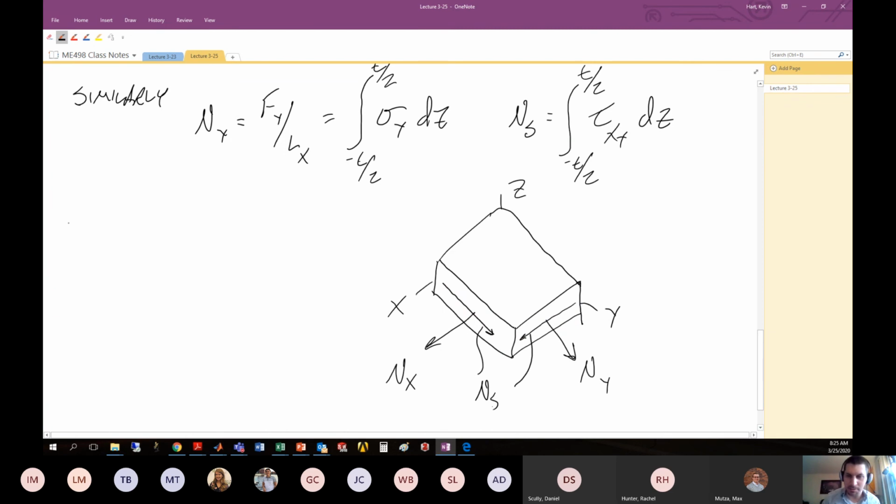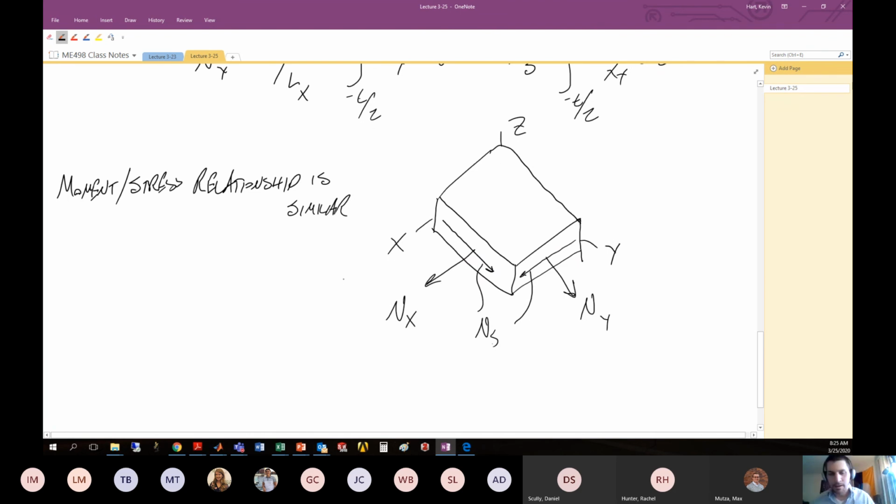The moments have a similar derivation. So the moment-stress relationship is similar, and I'm just going to write that here without the same level of derivation.